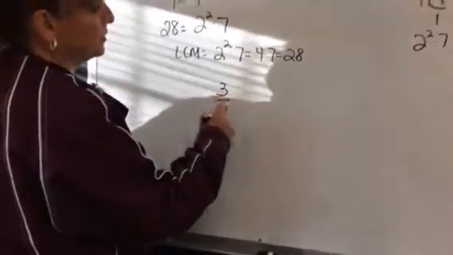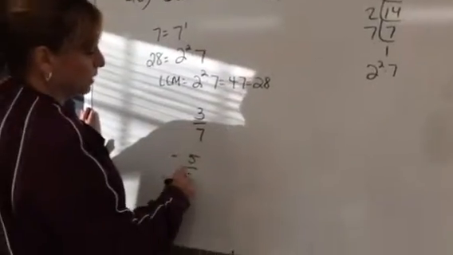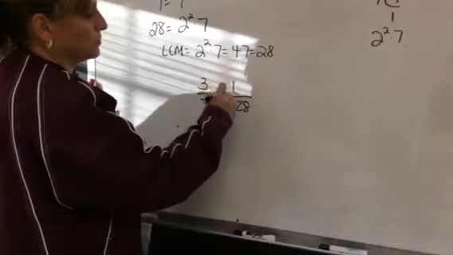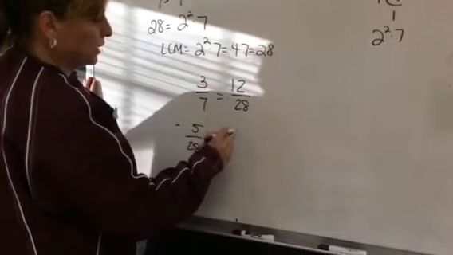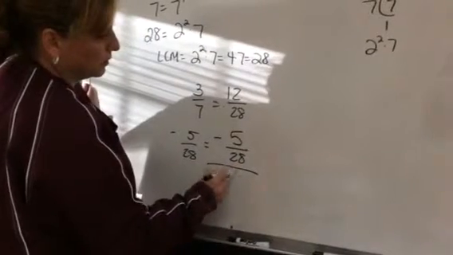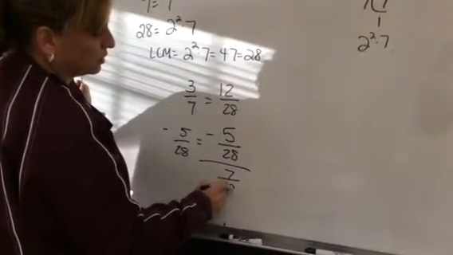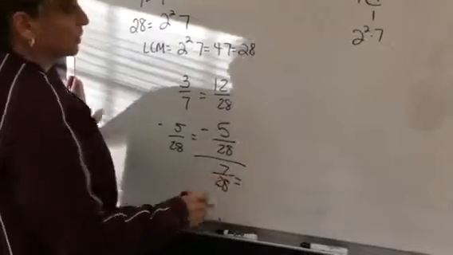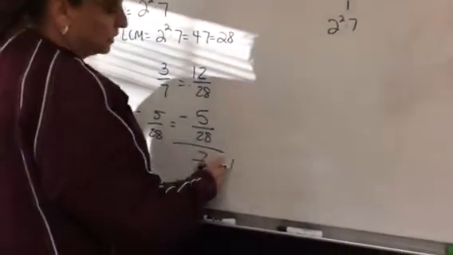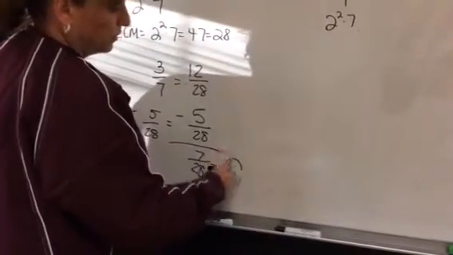That means 3/7 minus 5/28, I have to change it into the 28. 7 times 4 is 28. 3 times 4 is 12. 12/28 minus 5/28. And then I'm going to get 7/28. Okay? And then you can reduce 7/28 to 1/4.